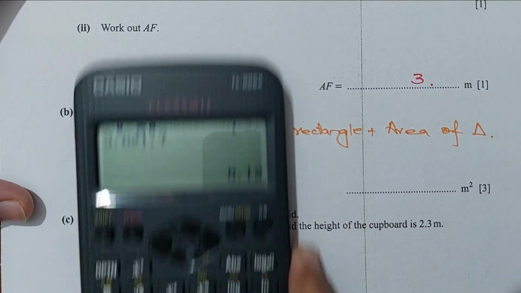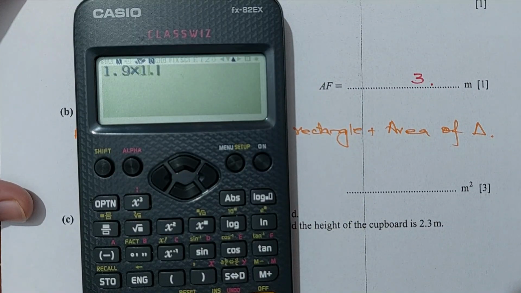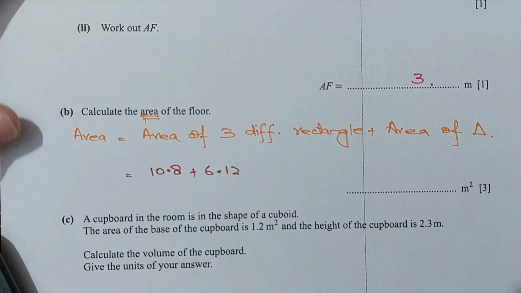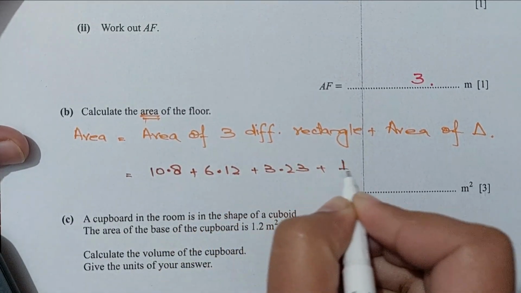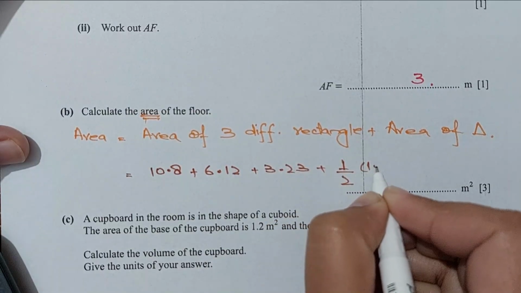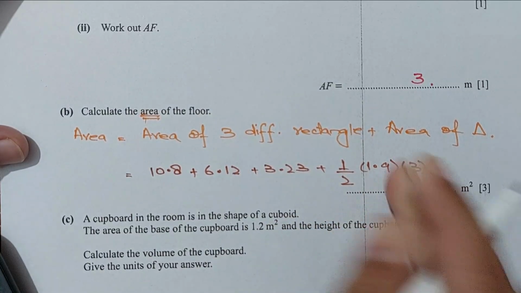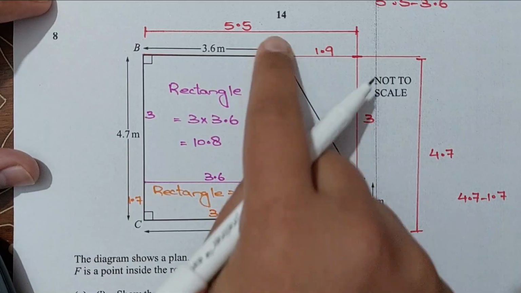This is a rectangle. 1.9 times 1.7 would be 3.23. And the area of a triangle is half base times height. The base is 1.9 and the height is 3. You can see this is the base and this is the height.